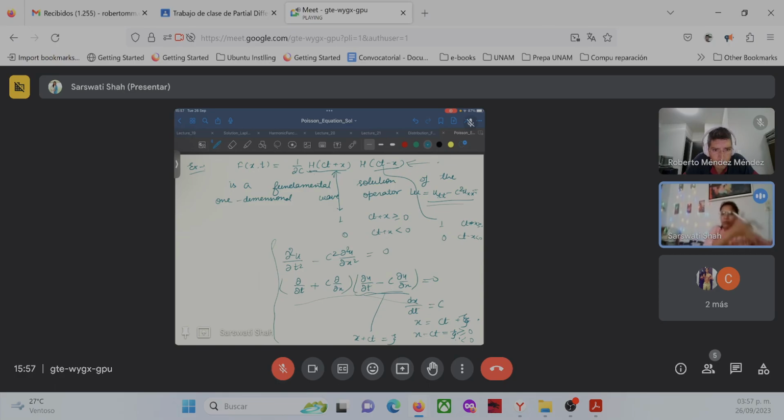The information is propagating with a constant speed c, and it is traveling a constant distance c of t at every time step. The same information is propagating with the same speed. So that was the wave equation, and the idea behind writing this ct plus x is the same, the characteristic.